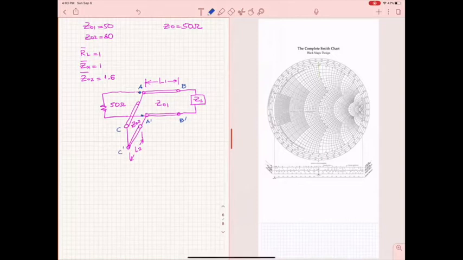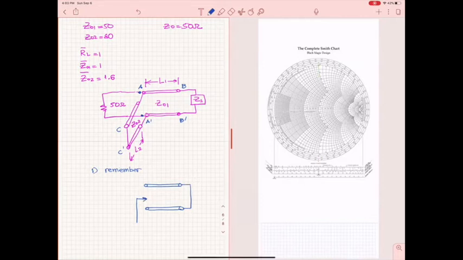Okay, so the equivalent to this, I can look at this as follows. First of all, I need to remember that a short-ended or a shorted stub gives what here in the input?